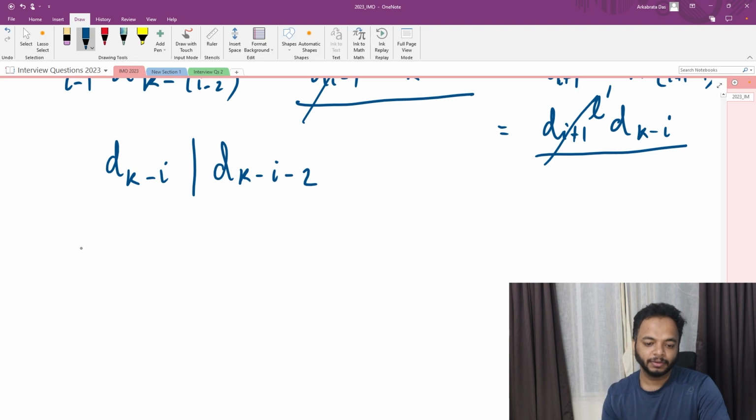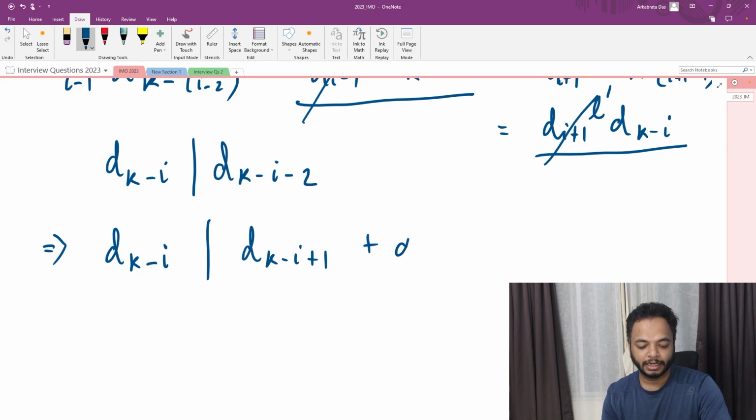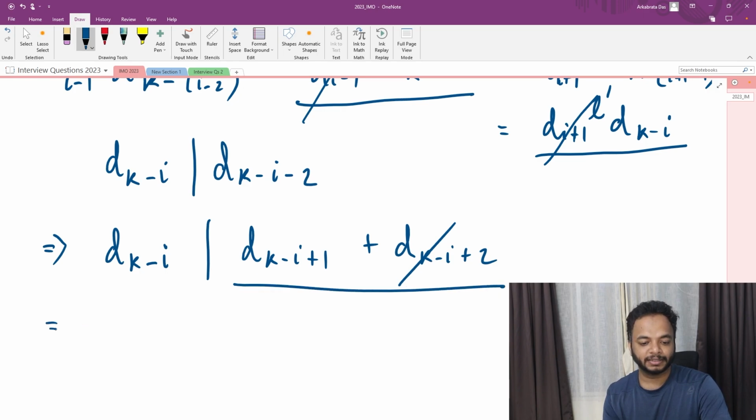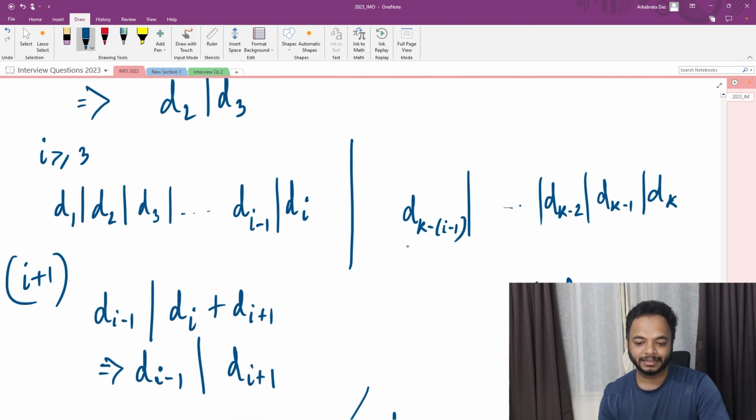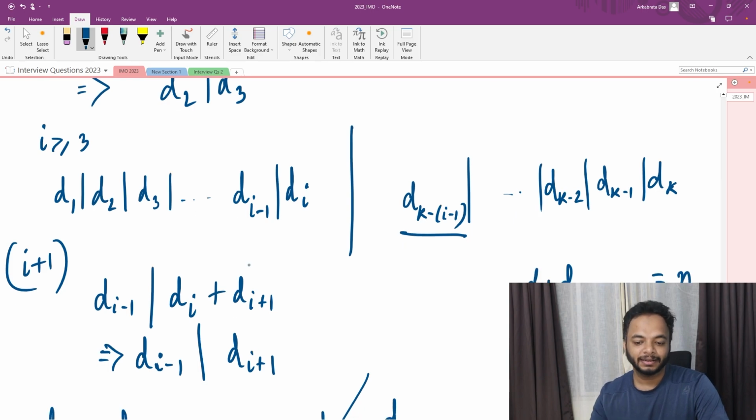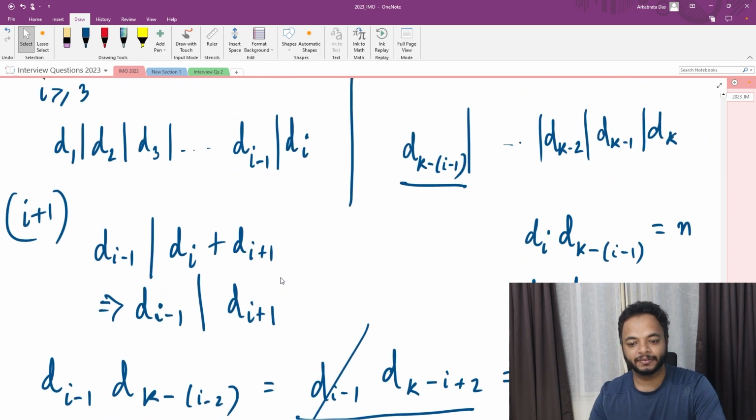Okay, and now I know that the one that was given to me, that is d(k-i), has the property that it divides the sum of the next two, so d(k-i+1) plus d(k-i+2). Now d(k-i) divides this whole thing, so it implies that d(k-i) divides d(k-i+1). Okay, so we are done with this side, that is, this number is divisible by d(k-i), the previous one.